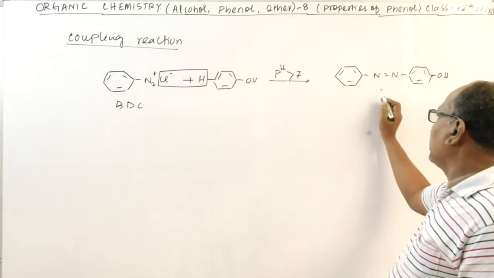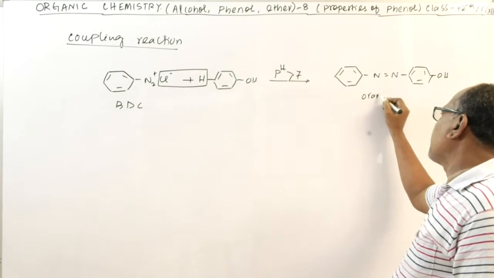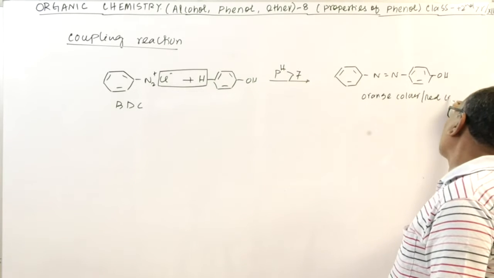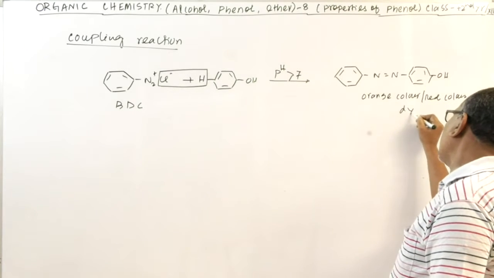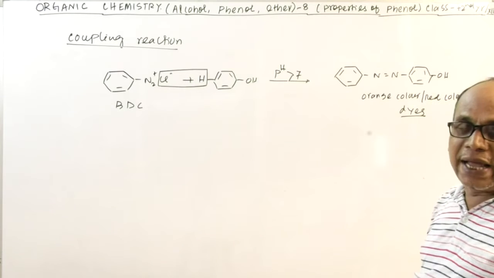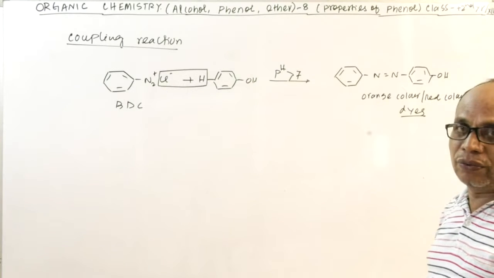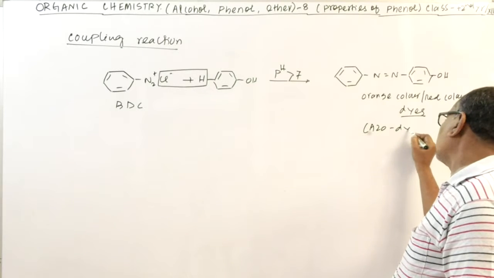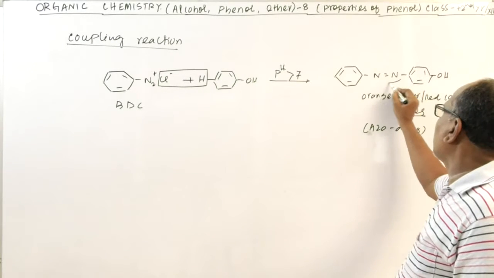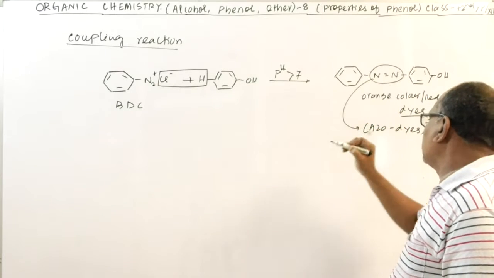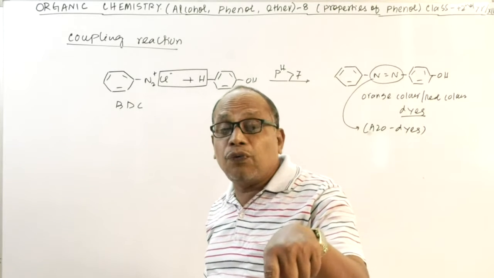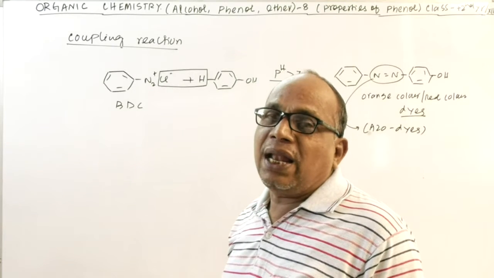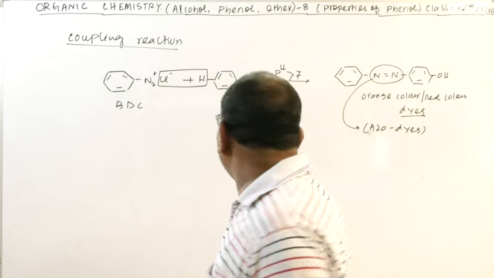Okay, this is called either an orange or red colored dye. Dyes means color. This is one type of azo dye. This is called your azo group. Due to the presence of that group only, the compound is colored. That's called an azo dye. And what is the name of this compound?